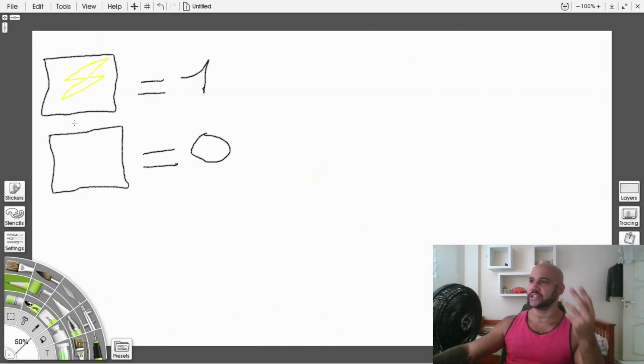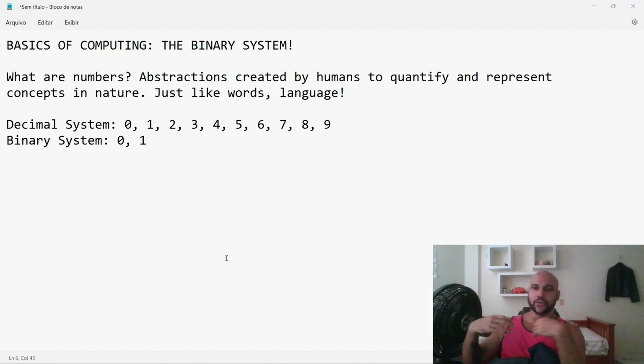We're representing energy as 1 and lack of energy as 0. So what we are going to do now is start counting using zeros and ones. In other words, the binary system. Why binary? Because two digits.